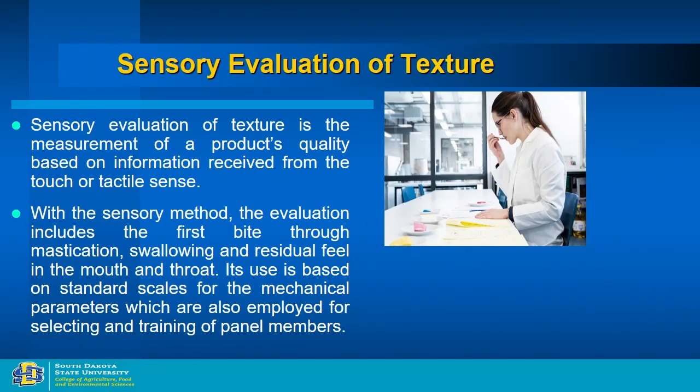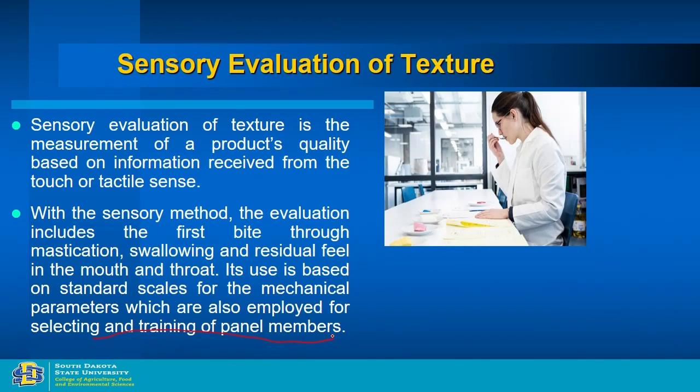When people evaluate by touch or tactile sense, it's a measure of product quality based upon the information received from these activities. Basically they start with the first bite, through mastication, swallowing, and residual feel in the mouth and throat. Its use is based on standard scales for the mechanical parameters, which are also employed for selecting and training the panel members.